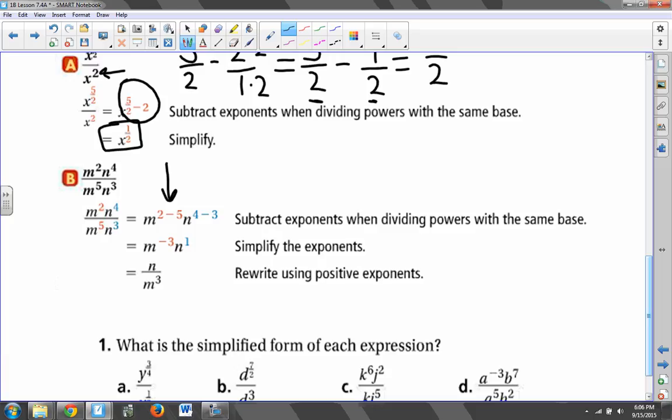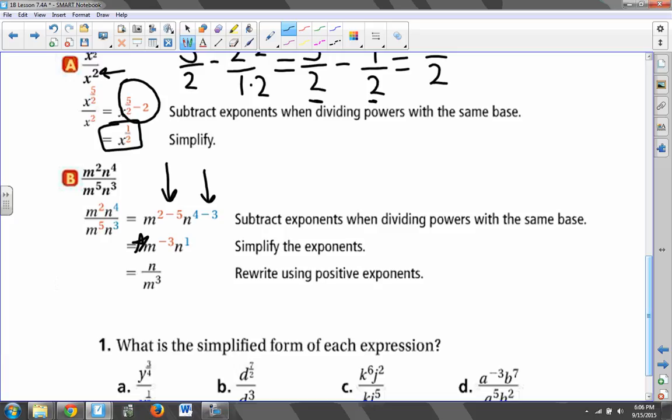Same thing with our n's. We're going to do n to the 4th power over n to the 3rd power. We know all we have to do with those two exponents is subtract them, 4 minus 3, and we end up with n to the 1 power. Now, the thing that we have to notice is right here, our m has a negative exponent on it, which is no good for us.